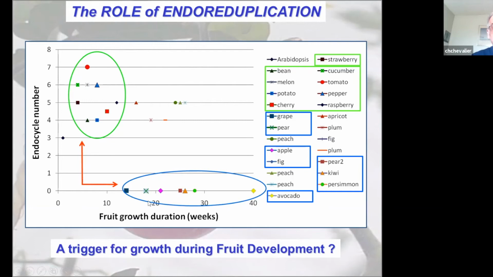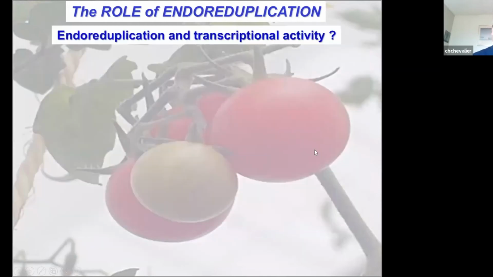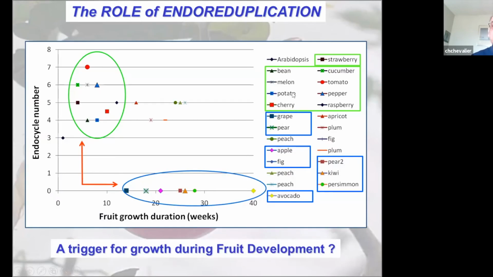On the contrary, fruit species that require a long duration for growth never have endoreduplication in their nucleus. So we believe that endoreduplication is a trigger for growth, an accelerator for growth during fruit development, and this is particularly true for Solanaceae species like tomatoes, potatoes, or other species.